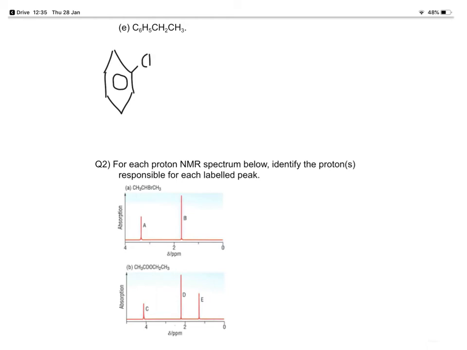Then by convention we normally put our ethyl group onto the second carbon. We normally give this position 1 in fact. Then remember, because it's C6H5, that there's one hydrogen joined on to each of these carbons.